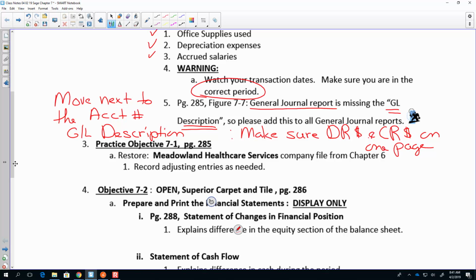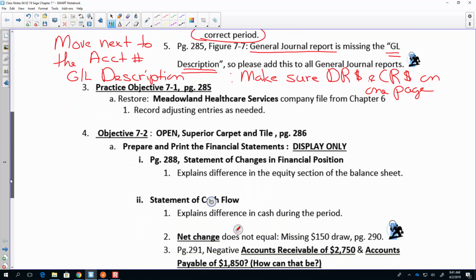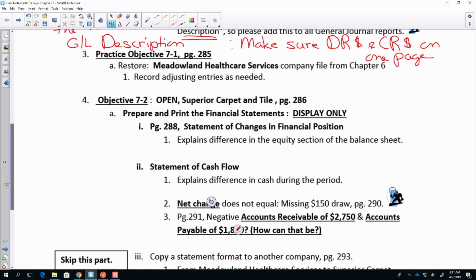Our next statement that the book talks about is the statement of changes in financial position. It begins on basically page 286.